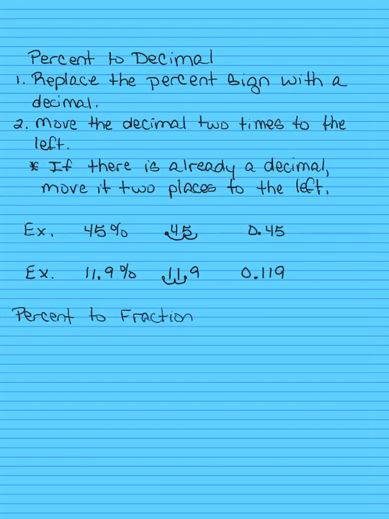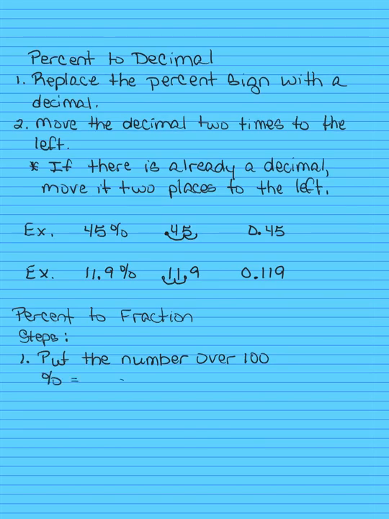So now we are doing percent to fraction. All the steps in these conversions are simple. It's only 1, 2, or 3 steps in order to do the conversions. So when you're going from percent to fraction, you're going to take the number and put it over 100.